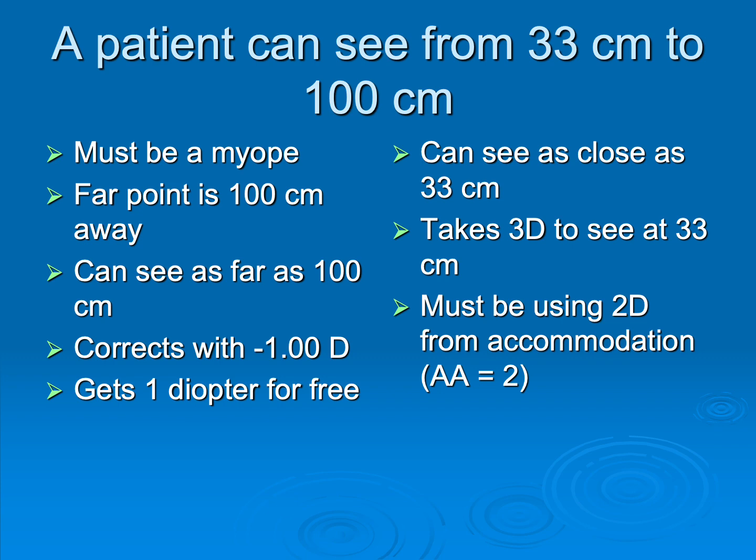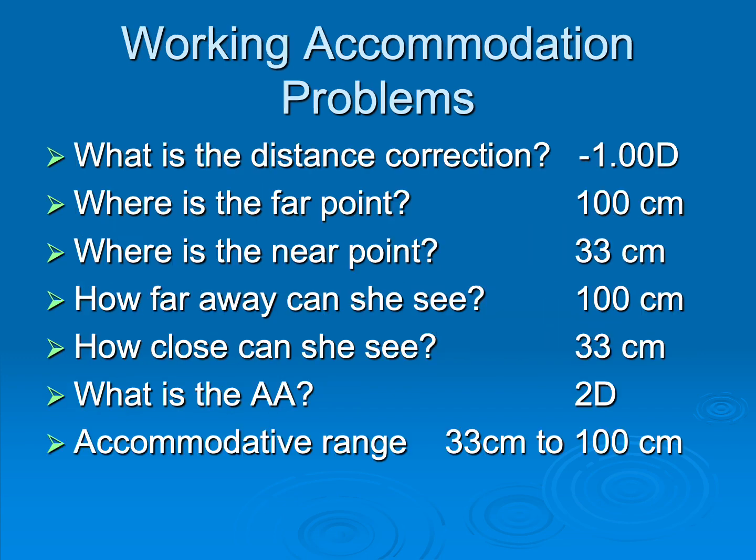So if it takes 3 diopters to see at 33 centimeters, and I'm getting 1 just from my myopia, then I must be adding the other 2 through accommodation. And so if the question is, what is the accommodative ability here? It's got to be 2, because the total amount that they can see is 3 diopters, and they're getting kind of 1 for free. So if we go back to those questions, we've answered every one of those, as you can see here.